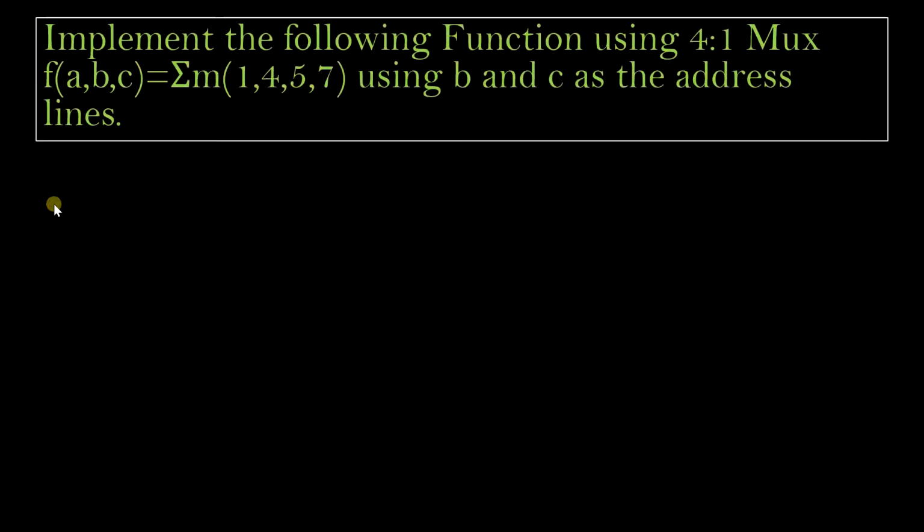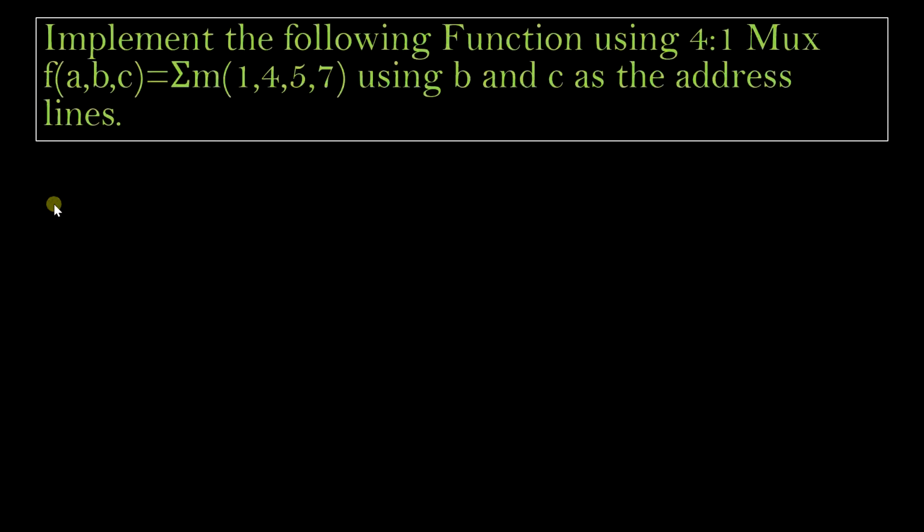Now in similar terms, let us implement the next question which says we have to use a 4:1 mux for a function f of a, b, c equal to summation m 1, 4, 5, 7 using b and c as the address lines. In this particular case, I prefer to use the Karnaugh map method because that is much simpler in comparison to the previous one.